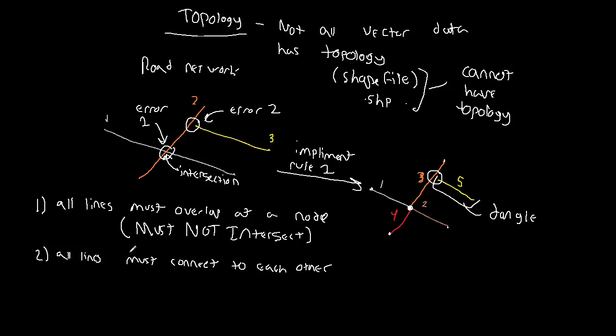Right? And basically the name of this rule is must not have dangles. And so if we implement rule 2, what happens is we would have something that looks like this.